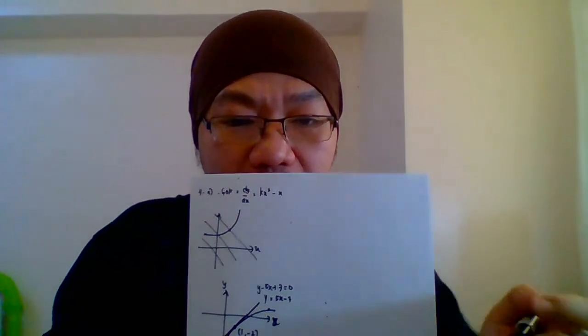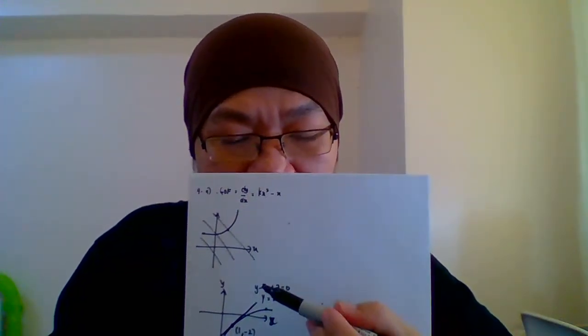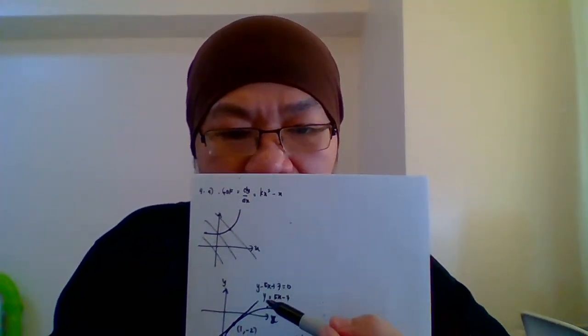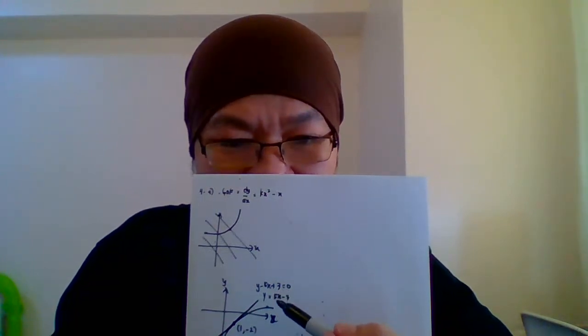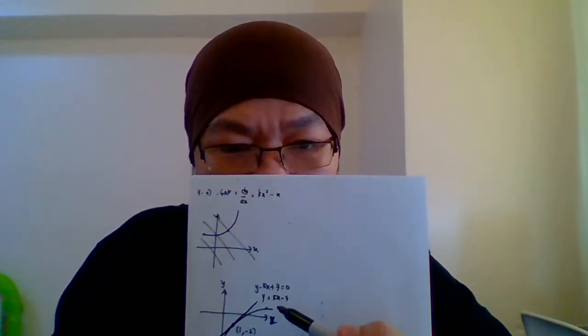And then, since we are talking about the gradient of the tangent, look at the straight line equation, y minus 5x plus 7. You must change the equation so that it becomes gradient form. So, y equals 5x minus 7. From this gradient form, we know that the gradient here is 5.